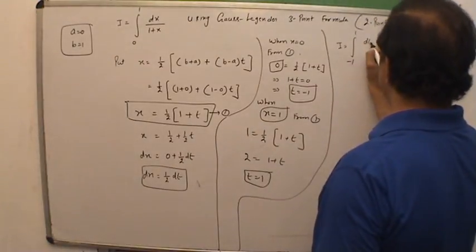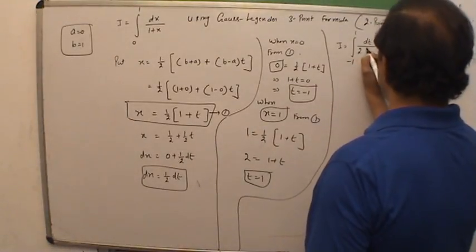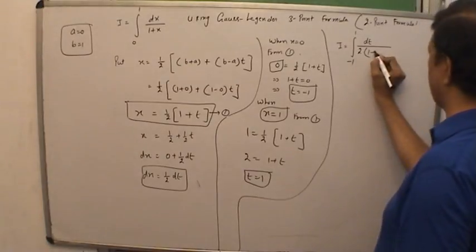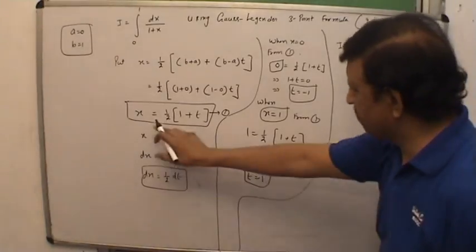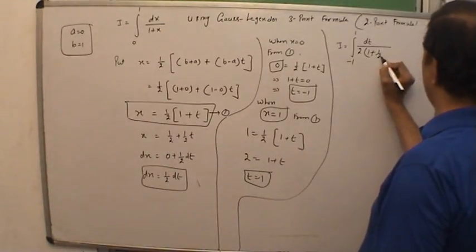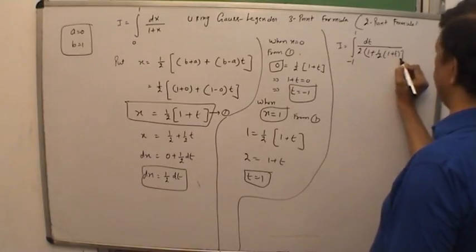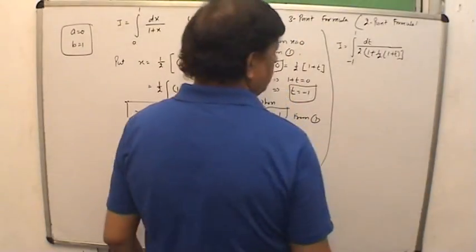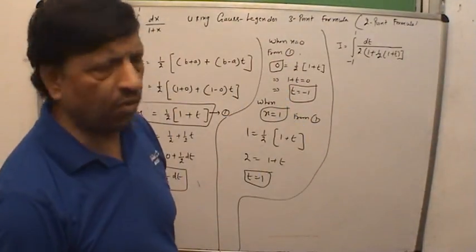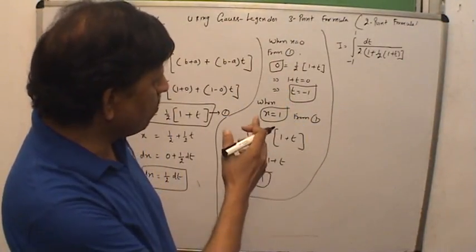dx is dt by 2, and x is half of 1 plus t. Now this function is in the standard form, minus 1 to 1.